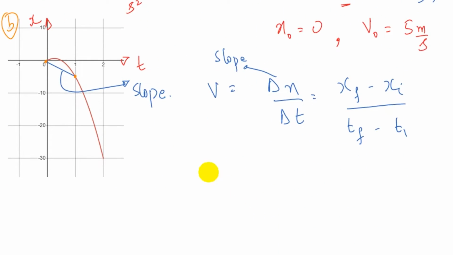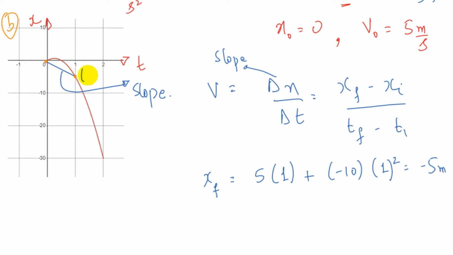So we'll get xf is equal to 5 multiplied by 1 plus minus 10 times 1 whole square, and this would be equal to minus 5 meter. So here this coordinate is (1, minus 5).